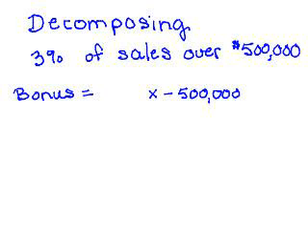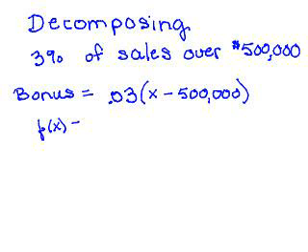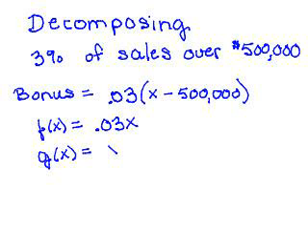So we have to see how much above that we are, and then after we figure that out, then we take 3% of it. Okay, so one of the functions has to be done first. So let's say that the f of x is where we find the 3%, and then let's say g of x is going to be the function where we find out how much over 500,000 we have gone.